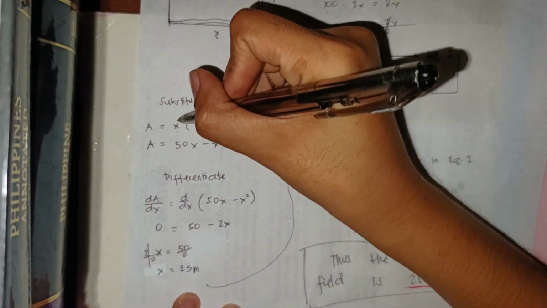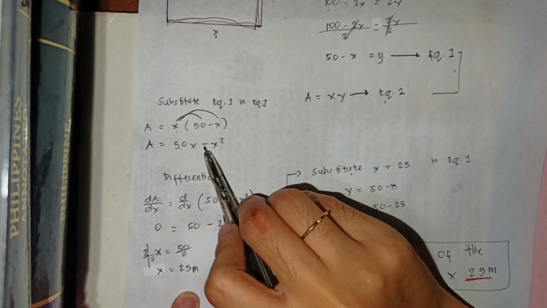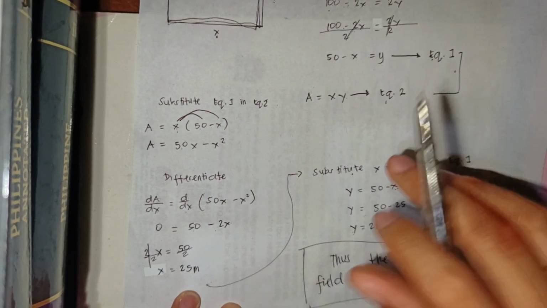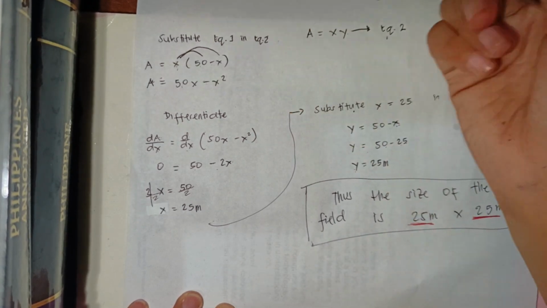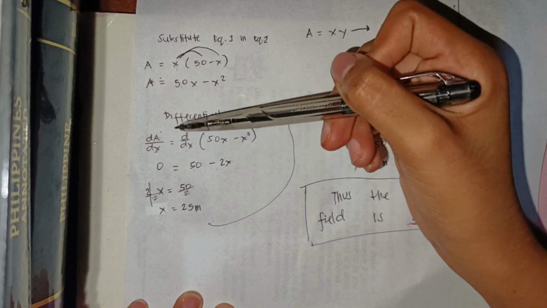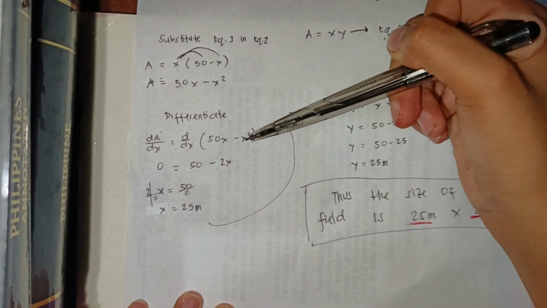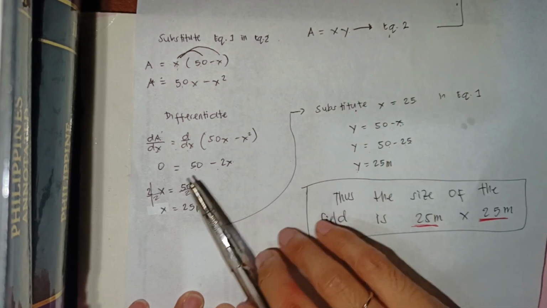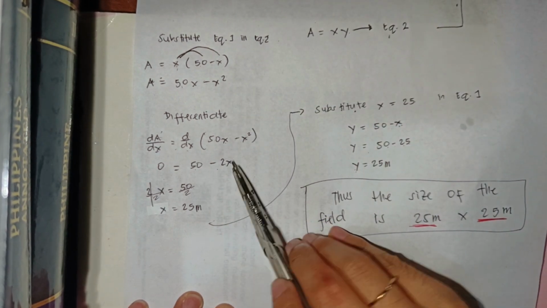Distribute x here and then here. So, 50x minus x squared. After that is differentiate the area with respect to x. So, dA over dx is equal to d/dx of 50x minus x squared. So, mao na lang siya 50 minus 2x.